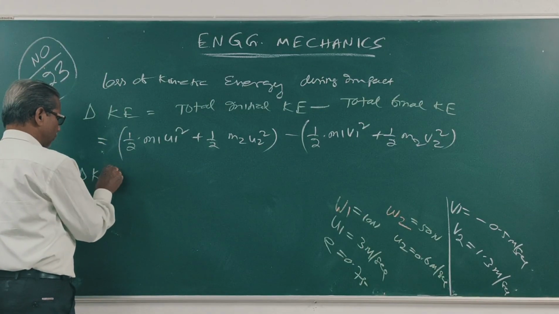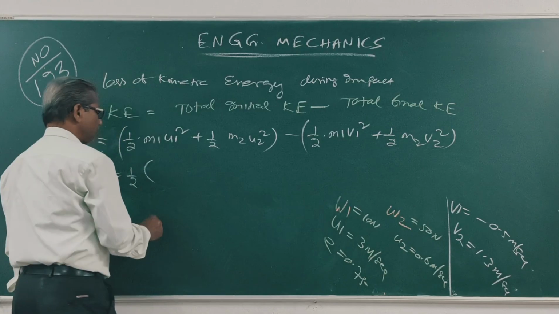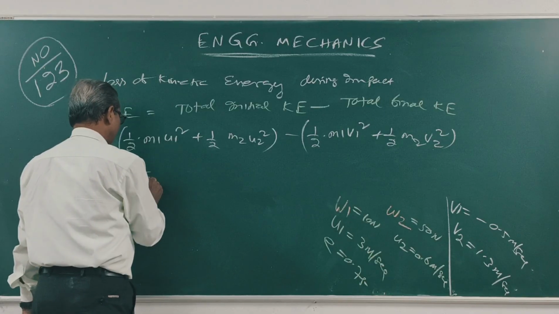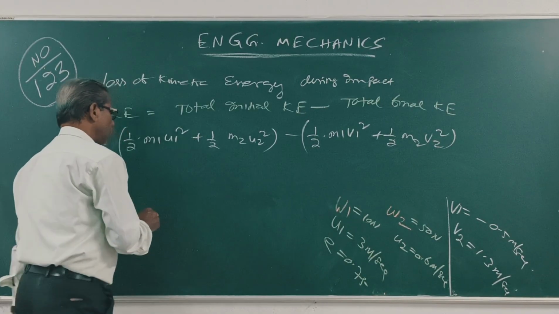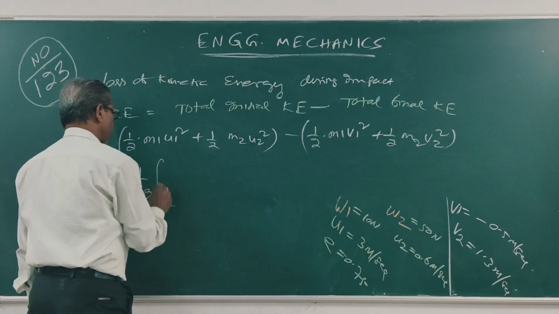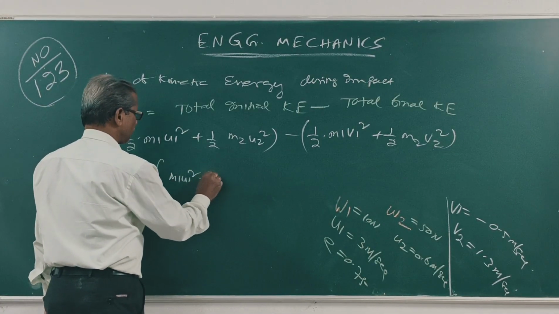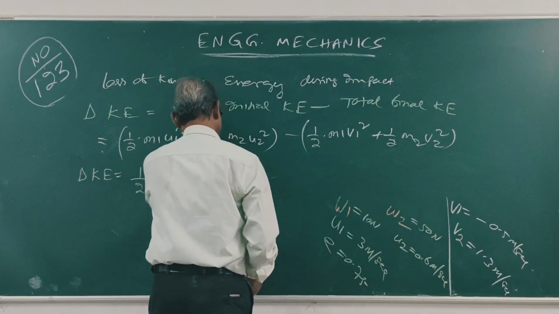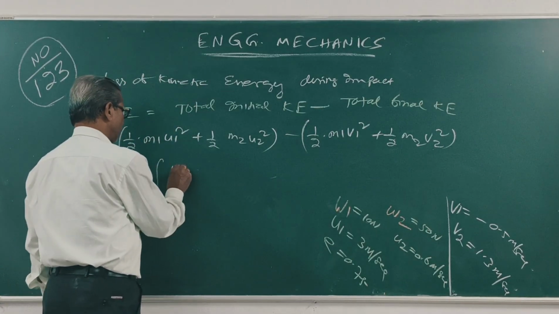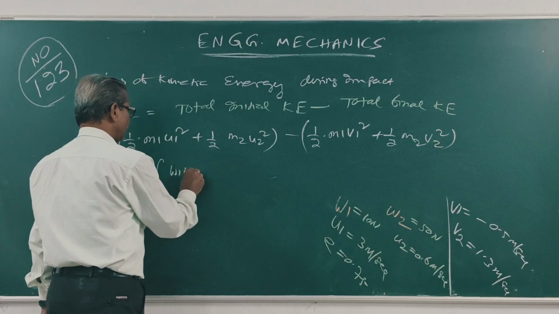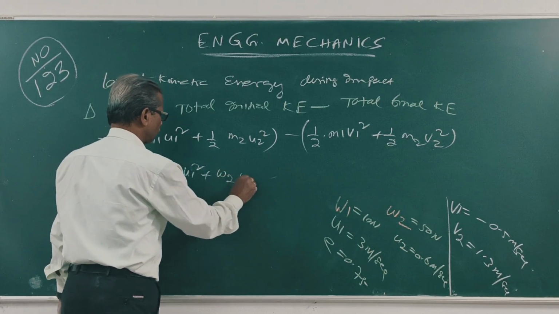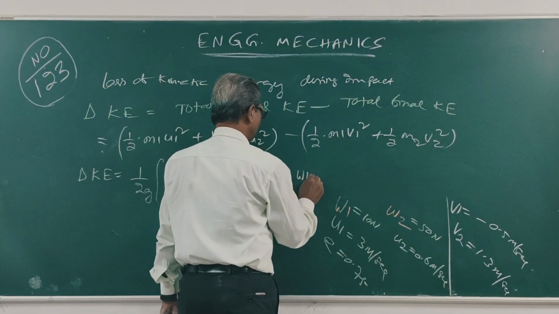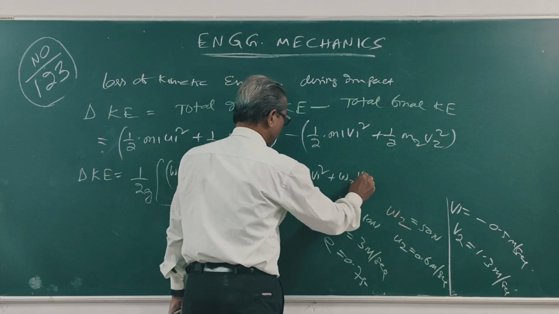So delta K is equal to half, 1 by 2g into (W1 u1 square plus W2 u2 square) minus (W1 v1 square plus W2 v2 square). Clear?